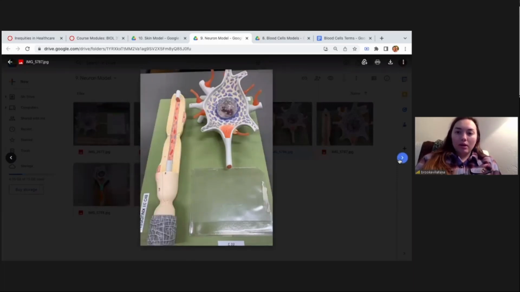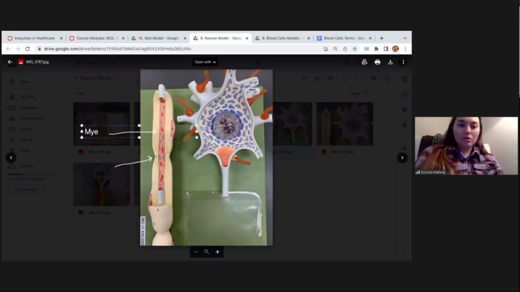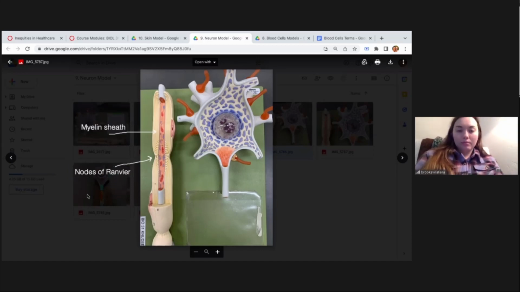So the indentations in the myelin sheath are nodes of Ranvier. Again, this was the myelin sheath, the yellowish, and then those indentations are nodes of Ranvier. Those little indents. Good?